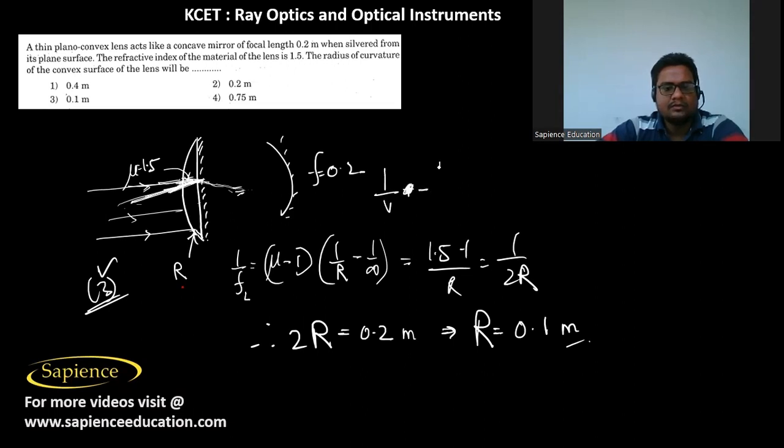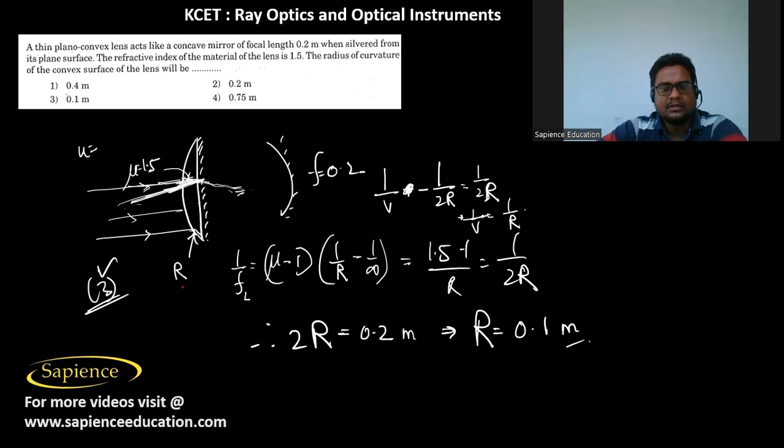So 1 by v minus 1 by u. u is 2r, so that is equal to 1 by 2r. 1 by v will be equal to 1 by 2r plus 1 by 2r.